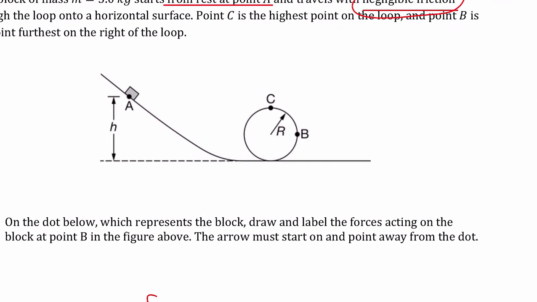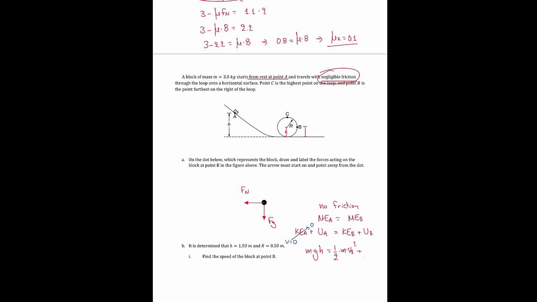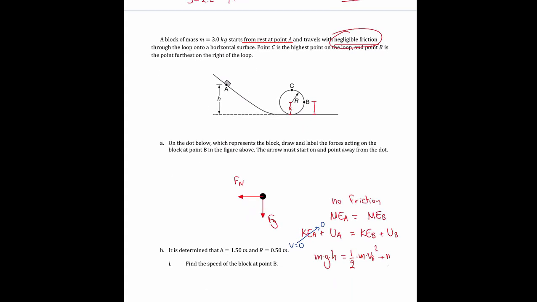At point B, the height is equal to the radius of the track, so the potential energy is mass times g times the radius of the track.